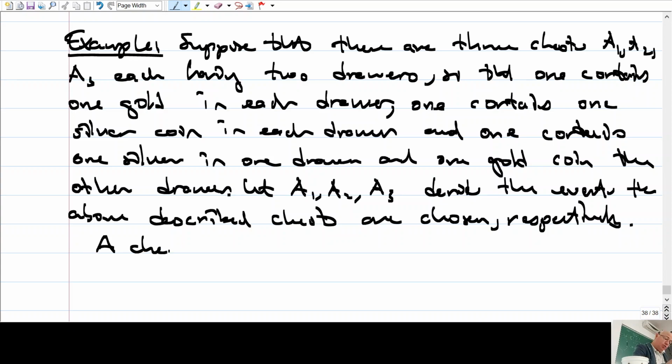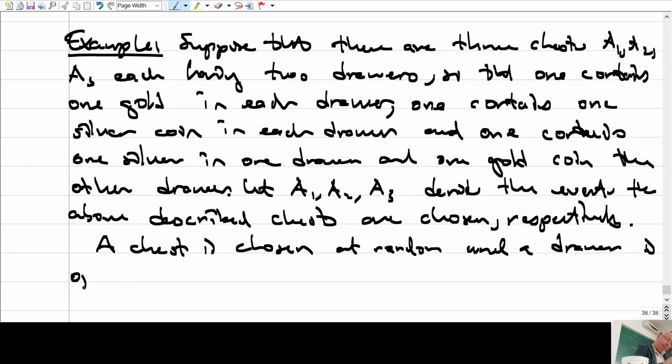A chest is chosen at random, and a drawer is opened.